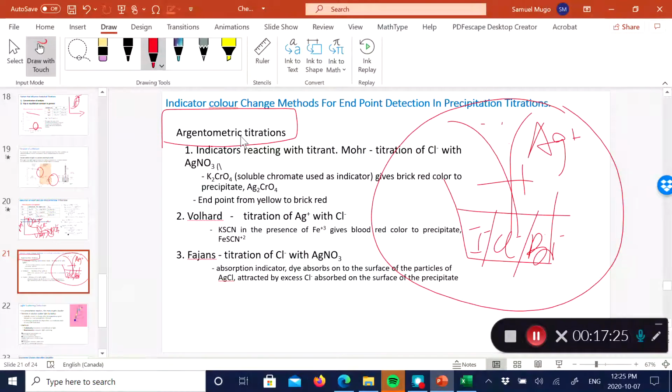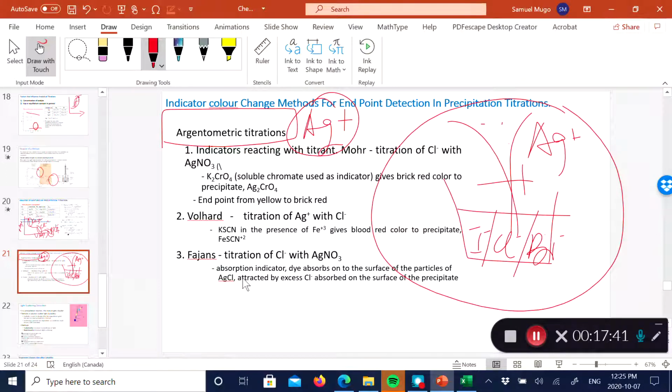So the titrant is silver. The titrant is silver. And of course, its concentration is known. Is what you refer to as a primary standard. Its concentration is known. And I think I already talked to you guys before about this.